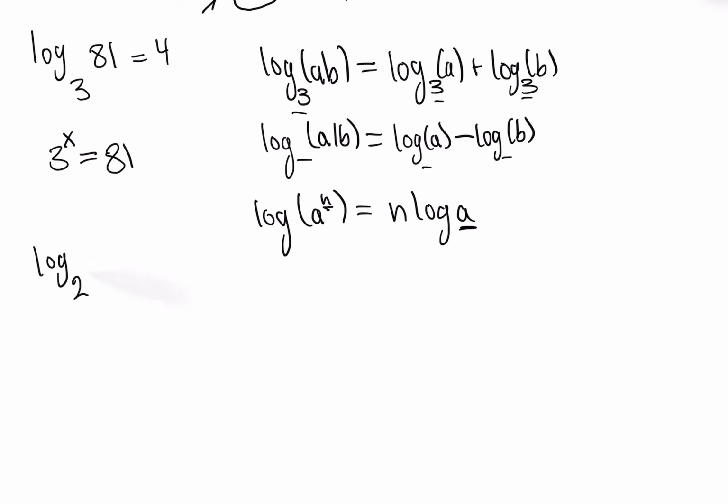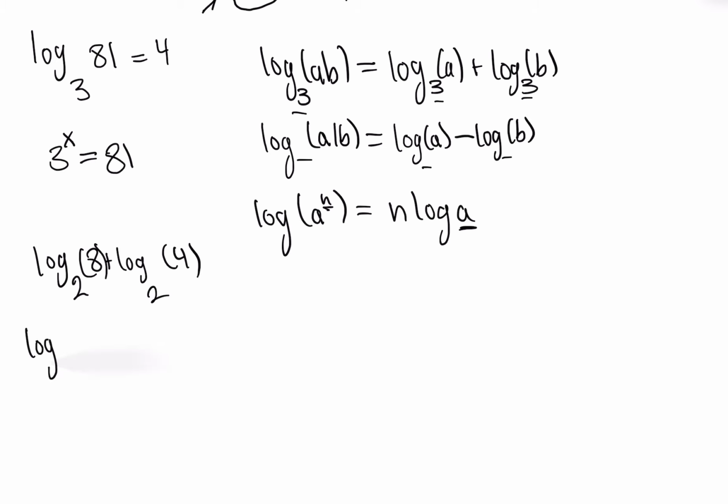Log 2 of 8 plus log 2 of 4. Now, try this again yourselves and pause if you need to. But you might see that this looks a whole awful lot like this rule, right? Now, we could either solve each side independently and then add them together, or we could use this rule right here and add it immediately.